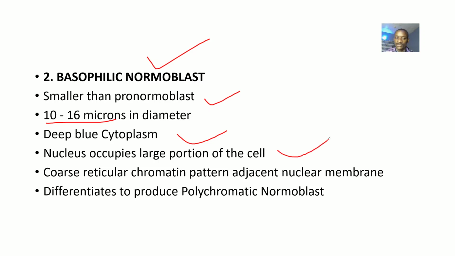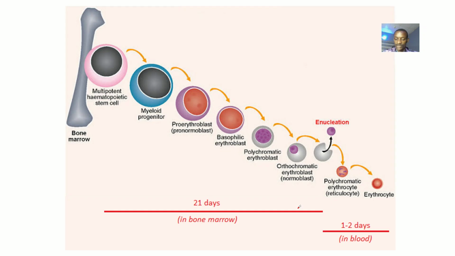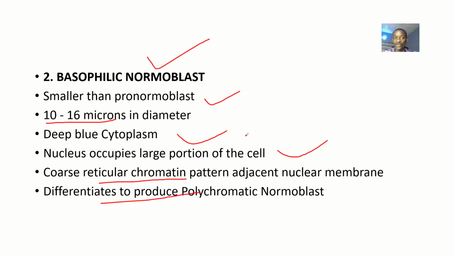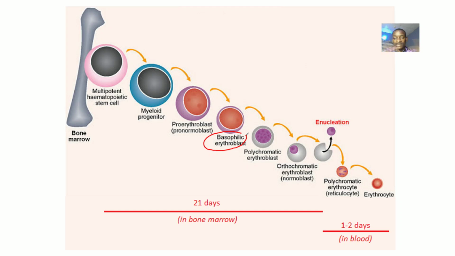Those are 3 points. They have a coarse reticular chromatin pattern adjacent to the nuclear membrane. They can also differentiate to produce the polychromatic normoblast. Most of them have 2 names: they differentiate to form the polychromatic erythroblast, also known as the polychromatic normoblast.